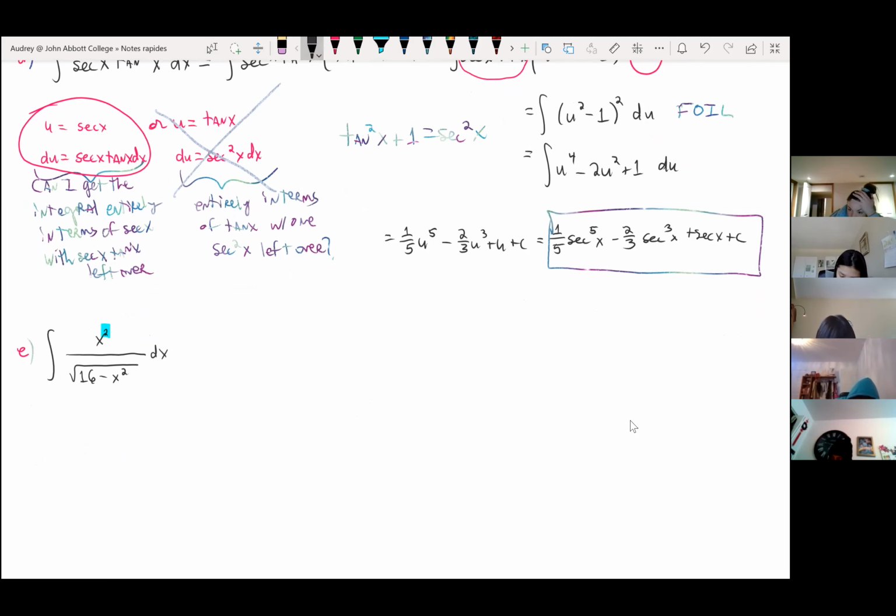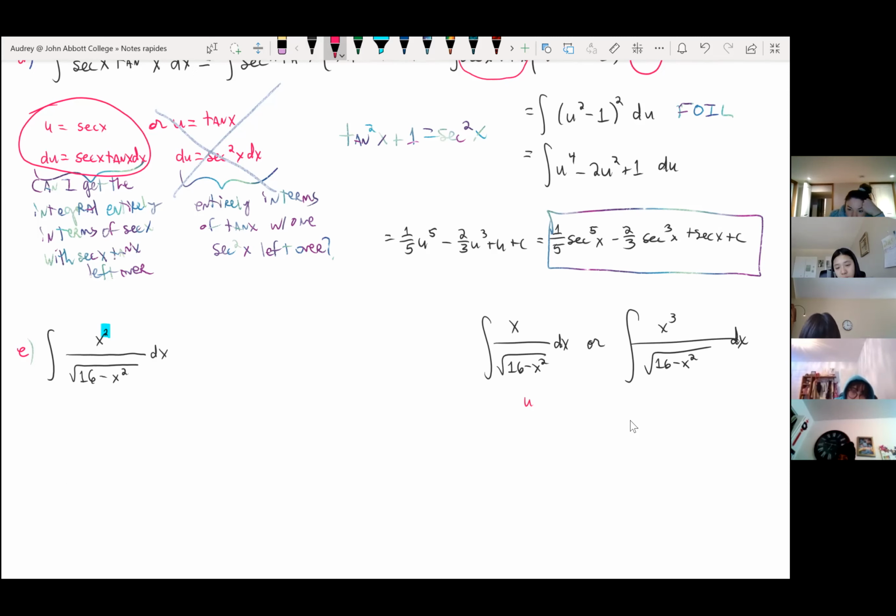If I were to have this or this, do you think I'd be able to do substitution? Yeah. So in both of these, the u sub will actually work.